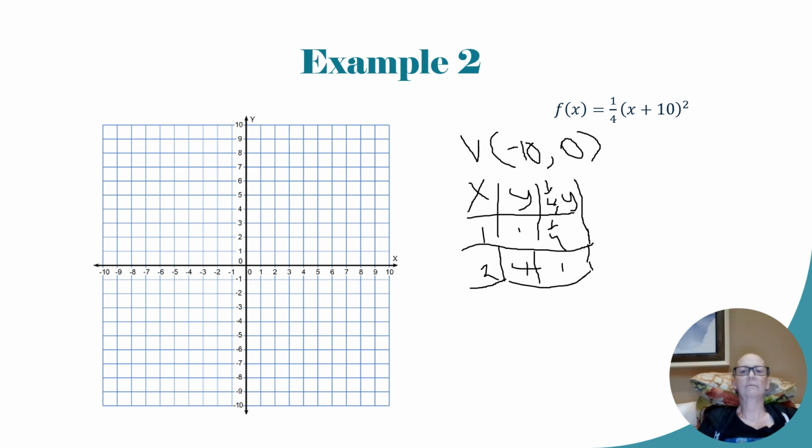Let's see, 3, 9 wouldn't be helpful. 4, 16 would. So 4 to the second power is 16. And then 16 times the fourth is 4.